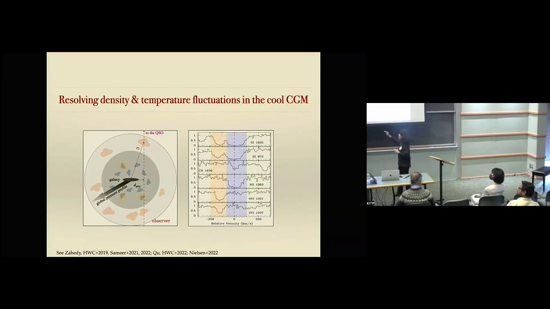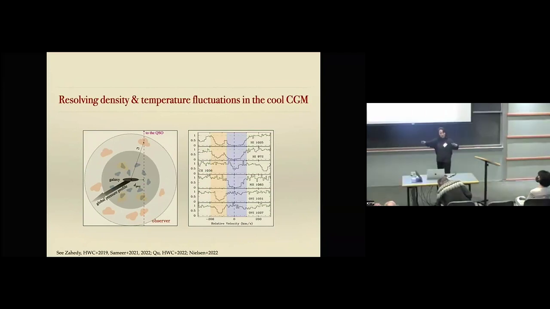That occurs most likely in the outskirts of the halo, if you assume this density profile, which is also guided by the pressure profile that people see in X-ray in nearby galaxies. And the high density, low ionization component will come out of the inner halo.